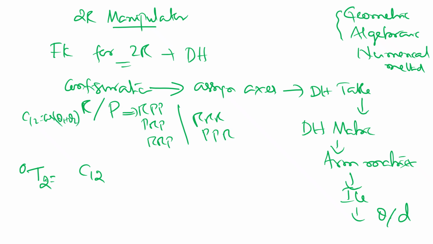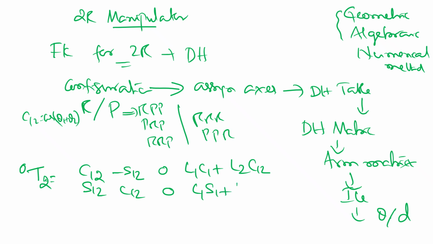So the matrix is [C12, -S12, 0, L1 C1 + L2 C12], [S12, C12, 0, L1 S1 + L2 S12], [0, 0, 1, 0], [0, 0, 0, 1]. This matrix is derived from the configuration, assigning axes, DH table, DH matrix, and finally the OM matrix.